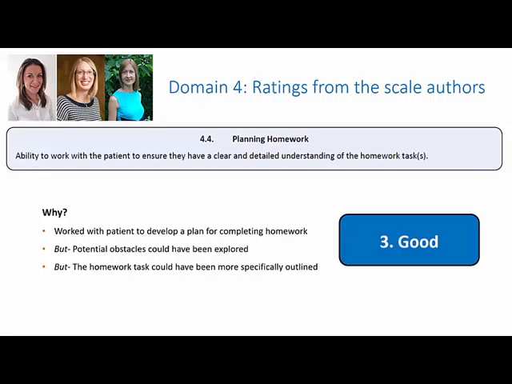We felt that this seemed important here as there was potential for problems to arise in completing the homework, given the challenges she had faced when completing the food diary last time. For example, the patient may have found it too emotionally challenging or overwhelming to complete, and therefore could have given up on the task completely.